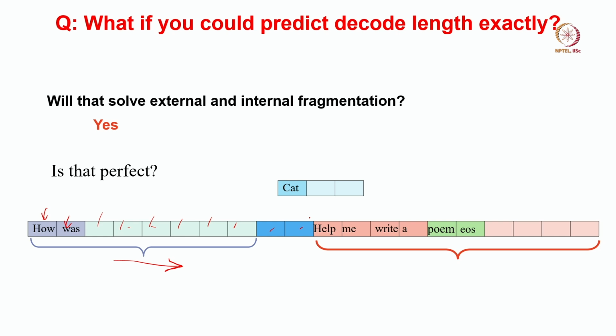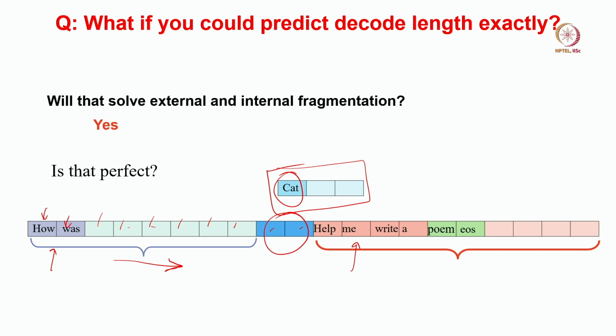But then let us say we have another prompt with 1 token, "cat", and for this prompt we predict that it will have 2 decoded tokens. So in total we will need 3 slots. Now the problem is, although we might have predicted the decode length exactly for prompt 1 and prompt 2, as you can see we are just left with 2 slots.